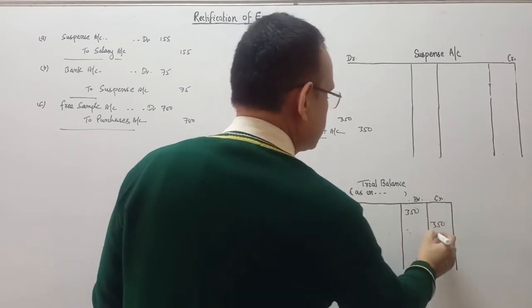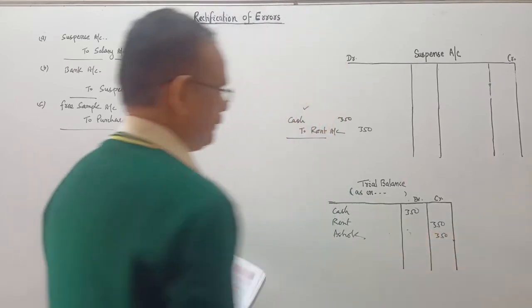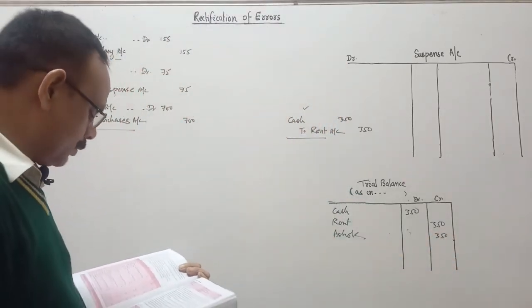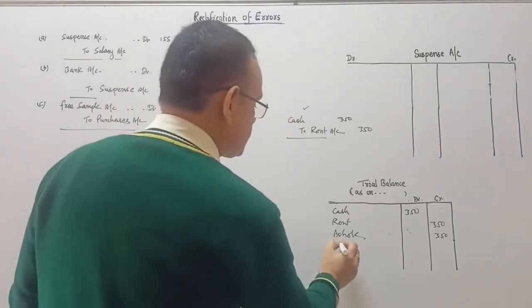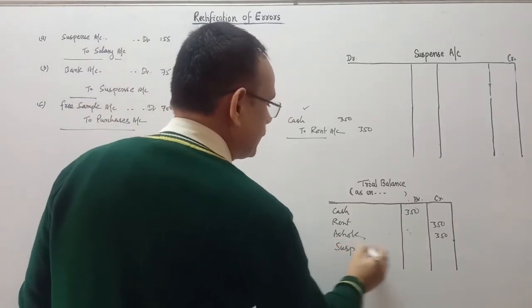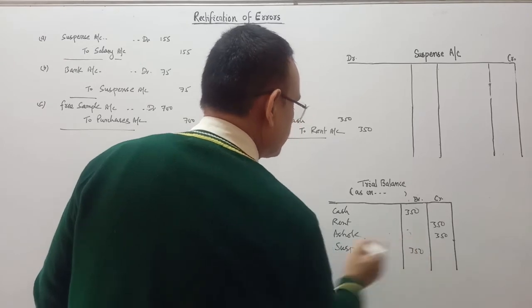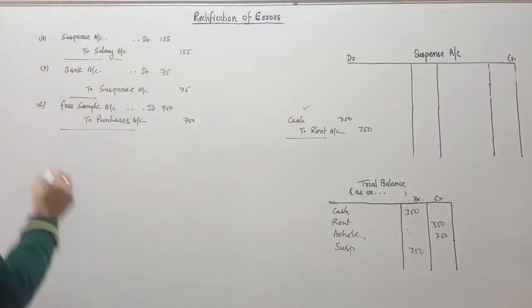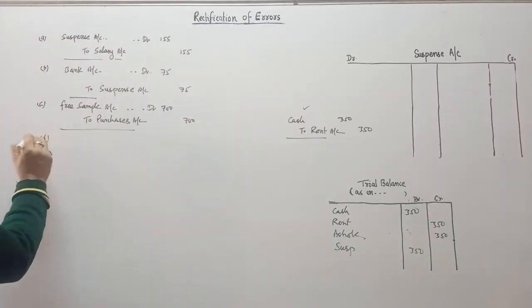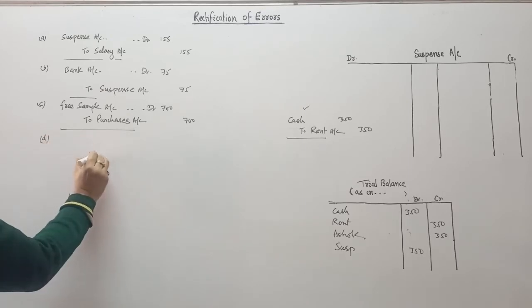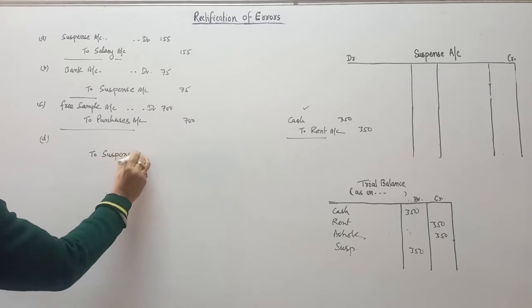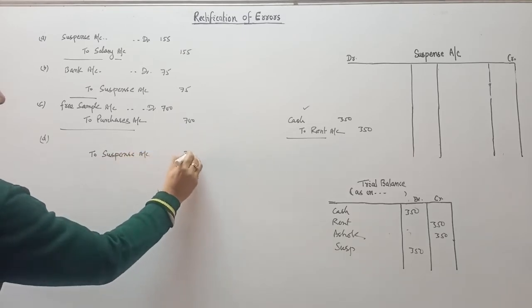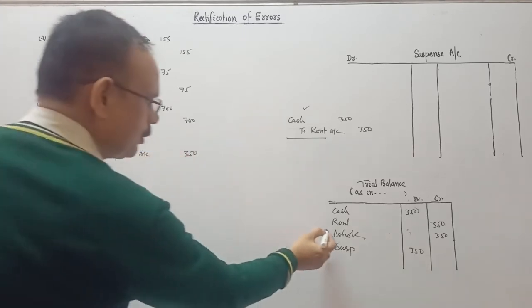You have posted 350 in the ledger of Ashok also. So the suspense account will be open in the debit side, 350. So what we'll do, suspense will be cancelled. To cancel the suspense account, we have to credit the suspense account 350, and Ashok is the wrong posting.